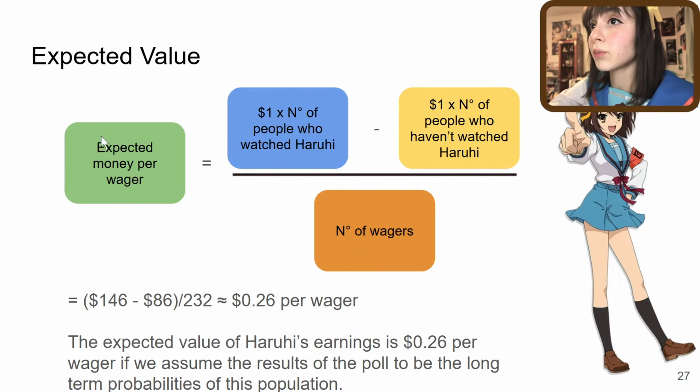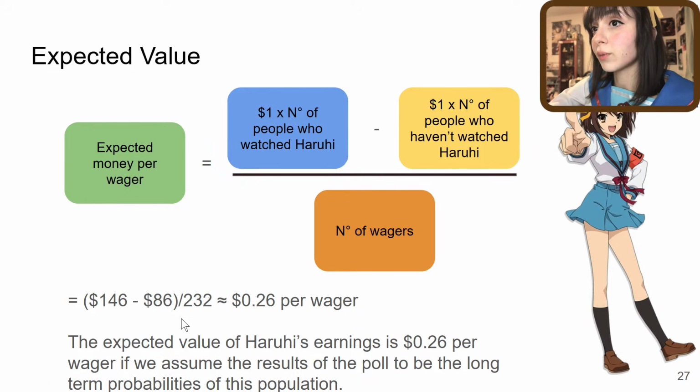So the expected money per wager is the number of people who have watched Haruhi times $1. We said that would be 146 times $1, $146, minus 86 people who have not watched Haruhi times $1, $86.